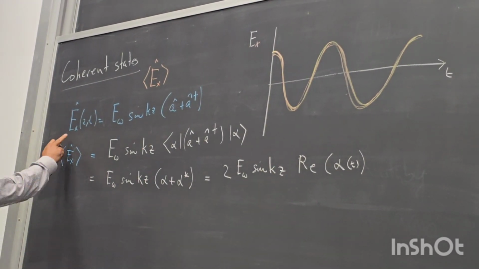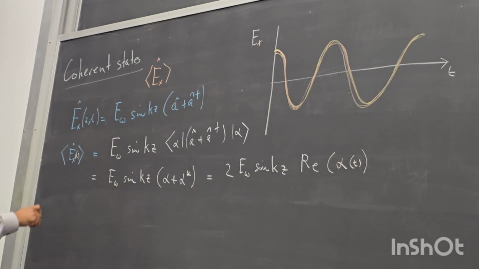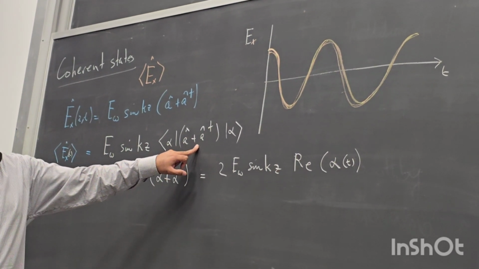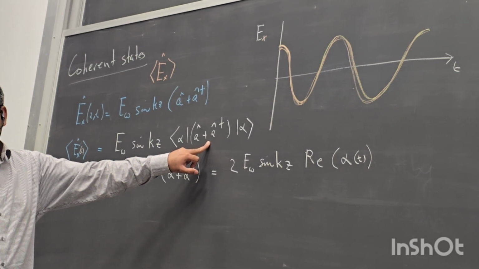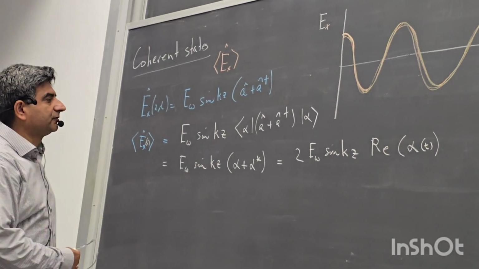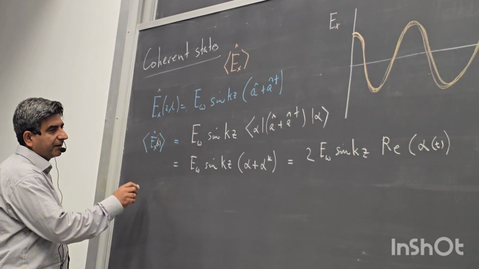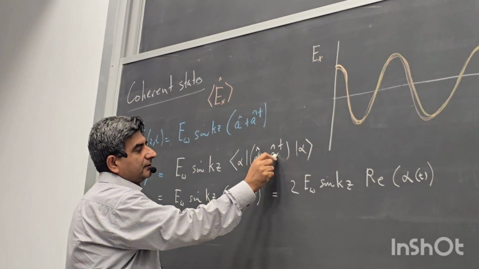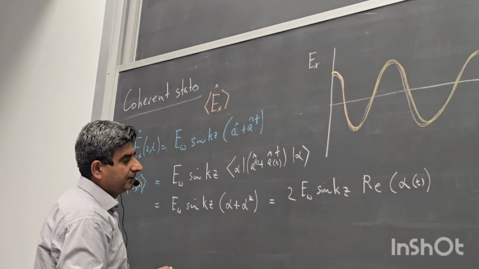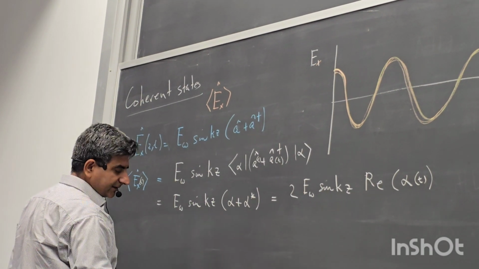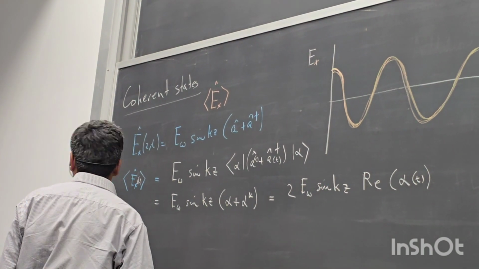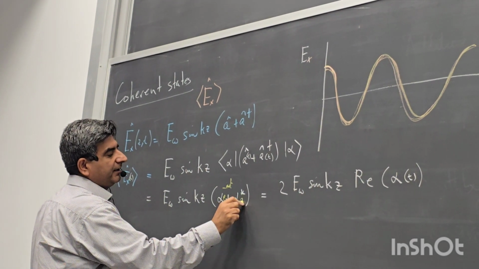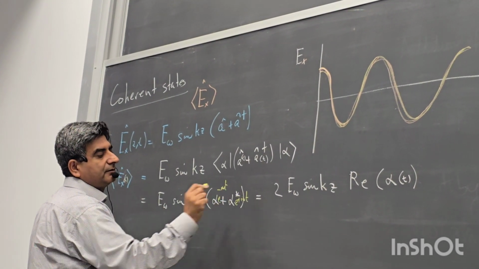So because this electric field is time dependent, what we could do is replace these A and A dagger by the time dependent counterparts. So if you really want to impart time dependence here, as I showed in the previous lecture, there is an e to the minus i omega t here and an e to the plus i omega t here.